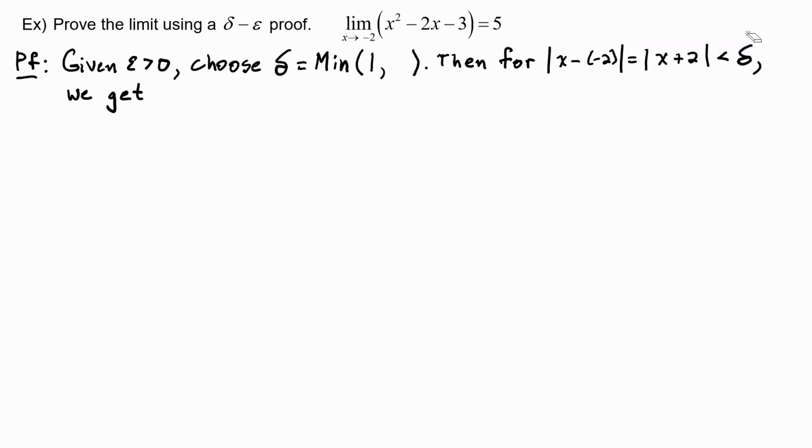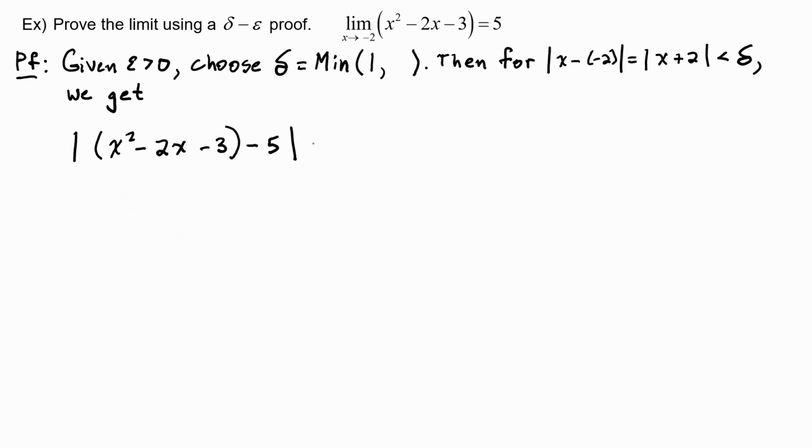Now we have to look at absolute value of f of x minus L. So we have absolute value of x squared minus 2x minus 3. That's our f of x. We have to subtract L, which is equal to 5.